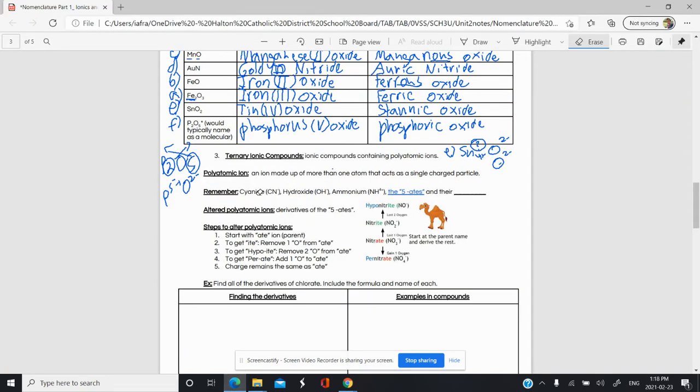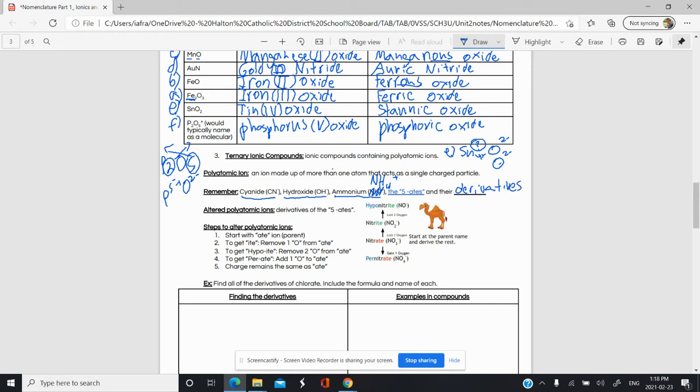The main ones that you're responsible for knowing are cyanide, CN minus, hydroxide, OH minus, ammonium, this is wrong here, this should be NH4 and the plus on top. So it's 4 hydrogens, 1 N, and then the plus on top. So ammonium and the 5 ates, and we'll go over the 5 ates in a bit, but the 5 ates have what's called derivatives, meaning you can come up with other ones based on the 5 ates.